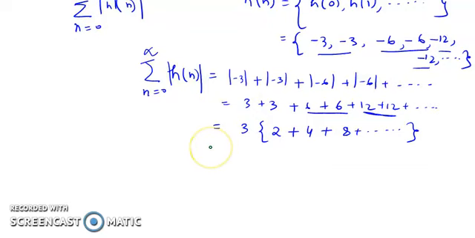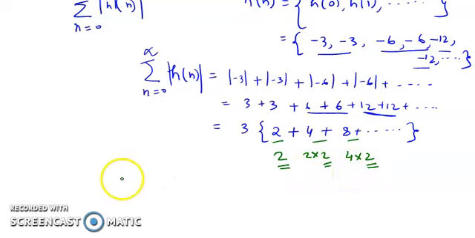if we see this equation here, 2, 4 and 8 are in a geometric series, because the first term was 2, next term is 2 into 2, next term is 4 into 2. So this is the first term, and we have a common ratio of 2 for every term.